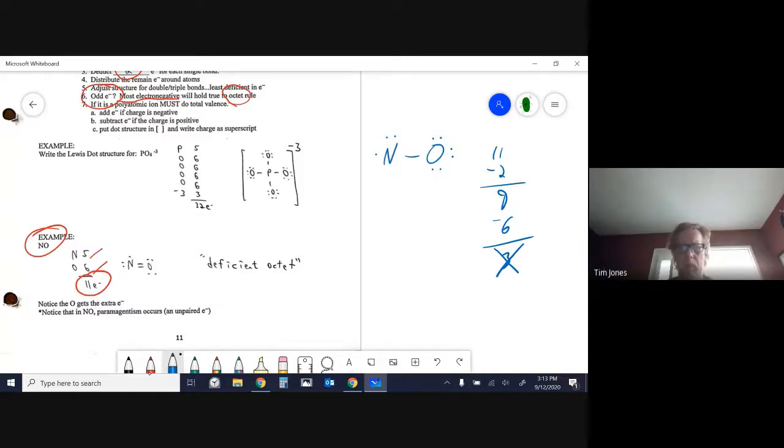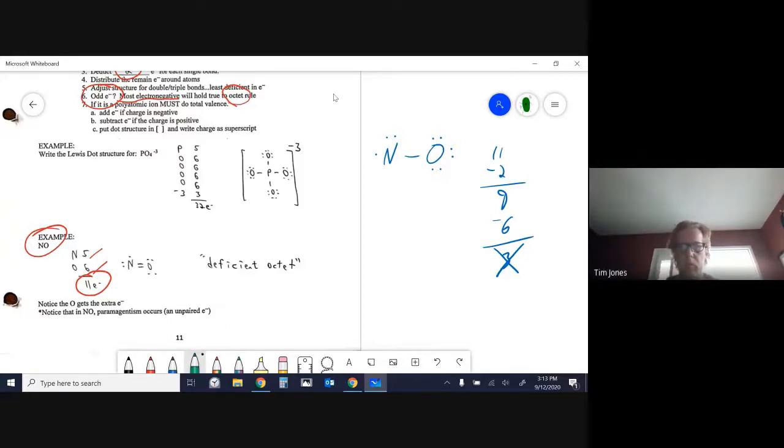Oxygen's happy. Oxygen has the 8 that it needs. Nitrogen has 1, 2 from the bond, 3, 4, 5. So, okay, we can help out a little bit here.